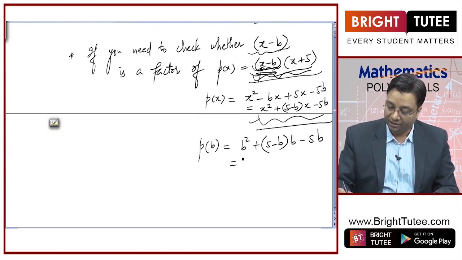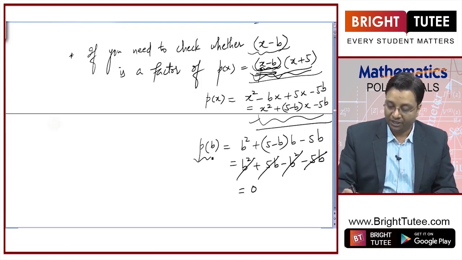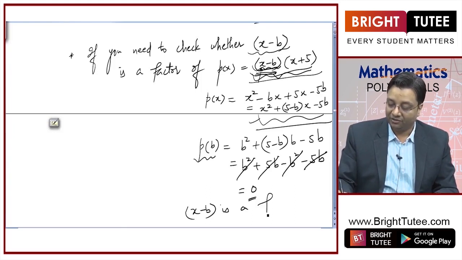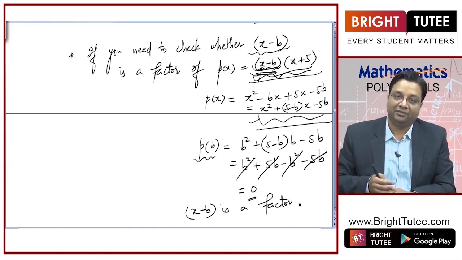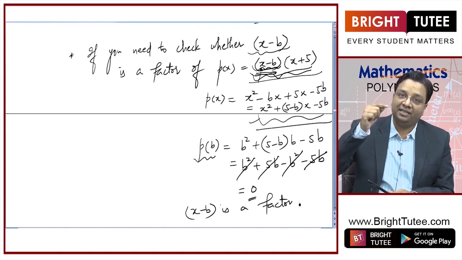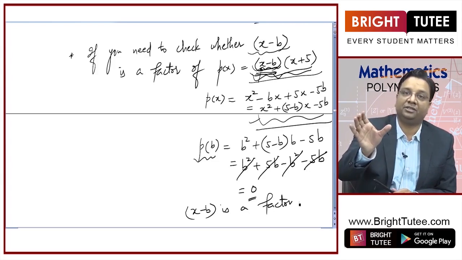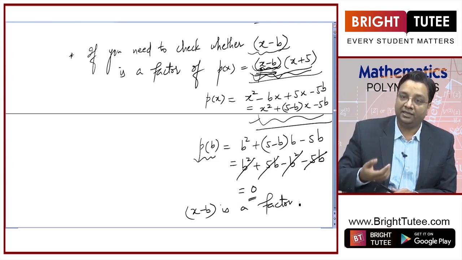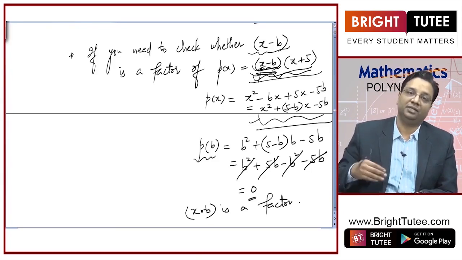So it will become b square plus 5b minus b square minus 5b. Now these can be cancelled and these will also be cancelled, so it is equal to 0. So P of b equals 0 means x minus b is a factor. I hope you understand it both ways. If x minus b is a factor, that means if I place x equal to b in that particular factor it will become 0, hence the entire expression will become 0, right? And if by putting x equal to b the entire expression becomes 0, then x minus b is a factor.